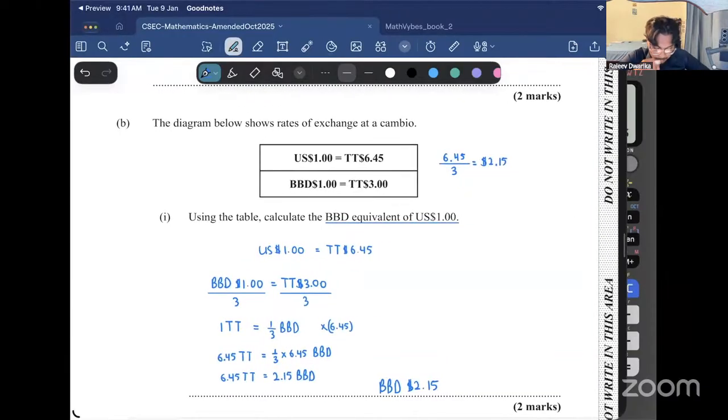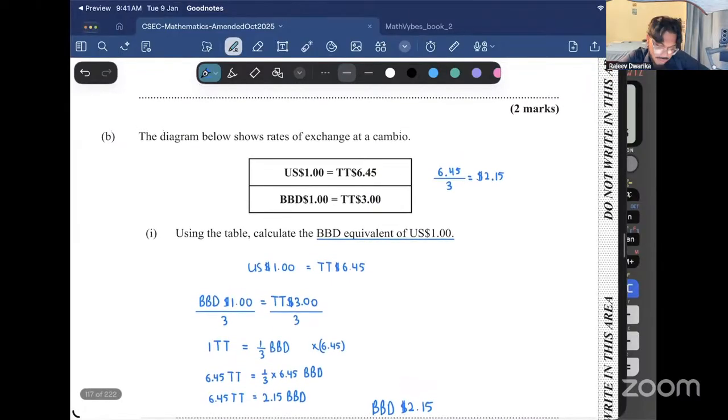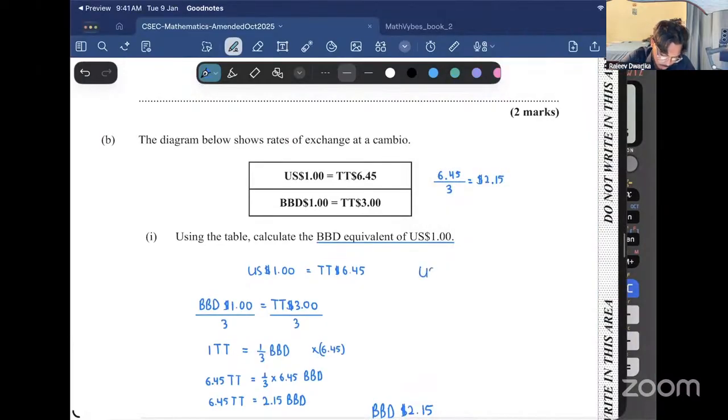So I have a question. What's 1 US in BBD? Remind me, maybe we would have done that question before. US $1 is equal to how much BBD?